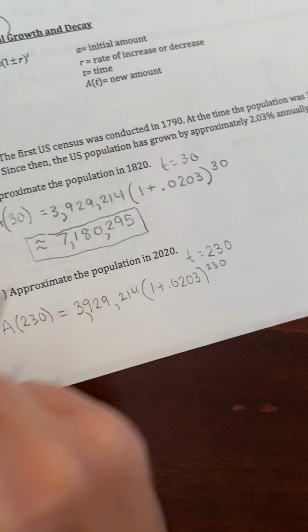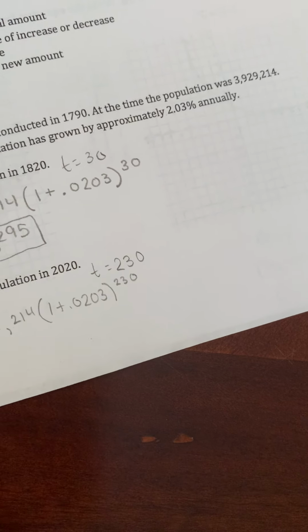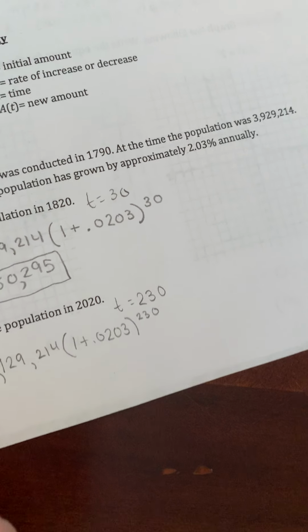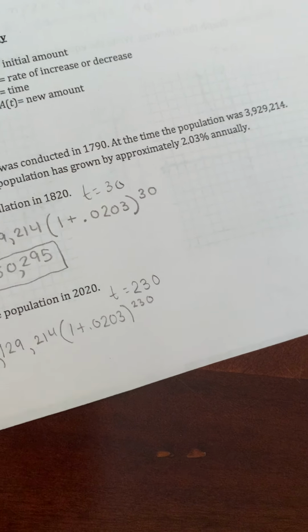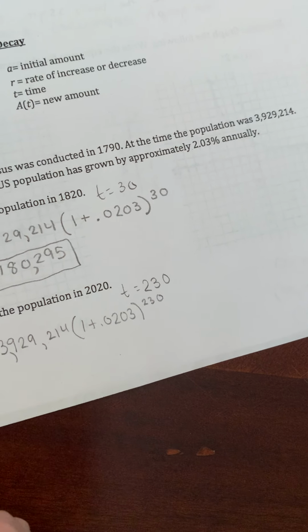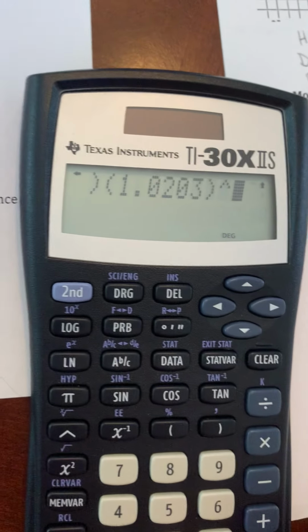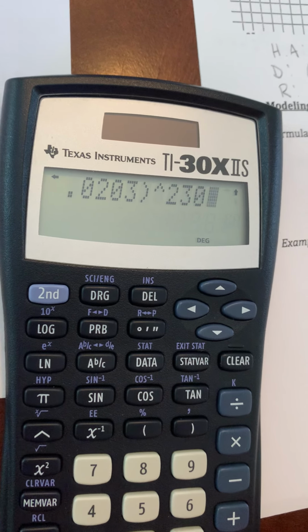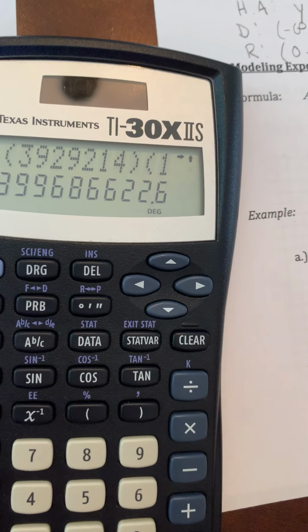A of 230 equals the original population, 3,929,214 times 1 plus 0.0203 to the 230th power this time. And let's see what we get. Okay, to the 230th. Get a rather large number.